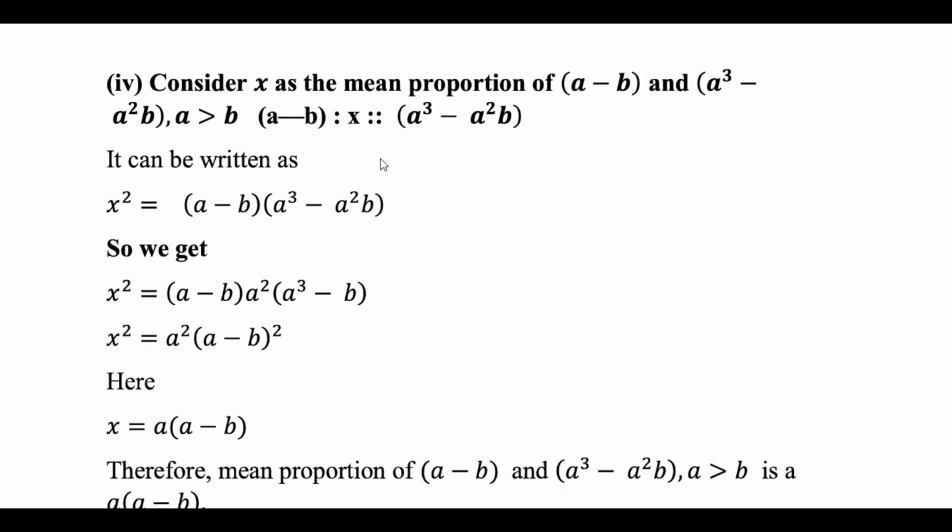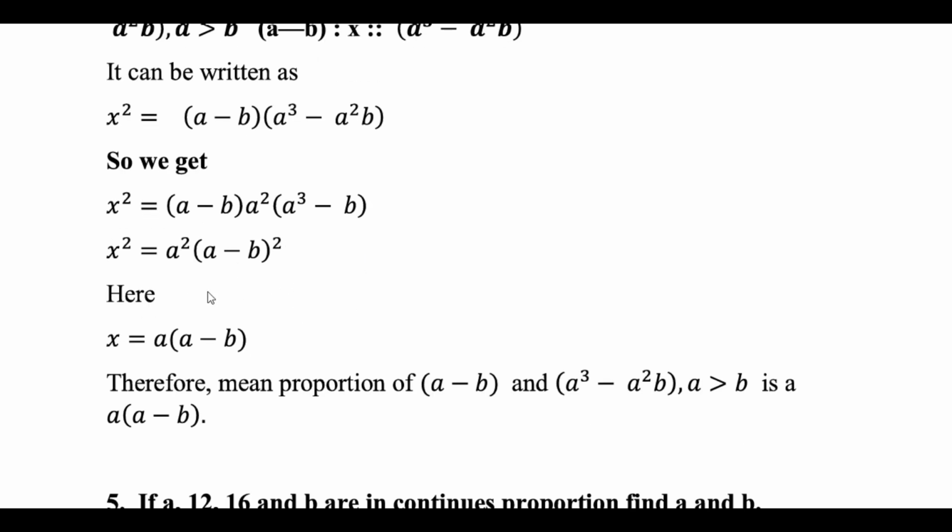Come to the fourth problem. Again we will take x as the mean proportion of this one. Ultimately we can write that x square will be equal to a minus b into a cube minus a square b. So we can get x square equal to a minus b into a square into a minus b.